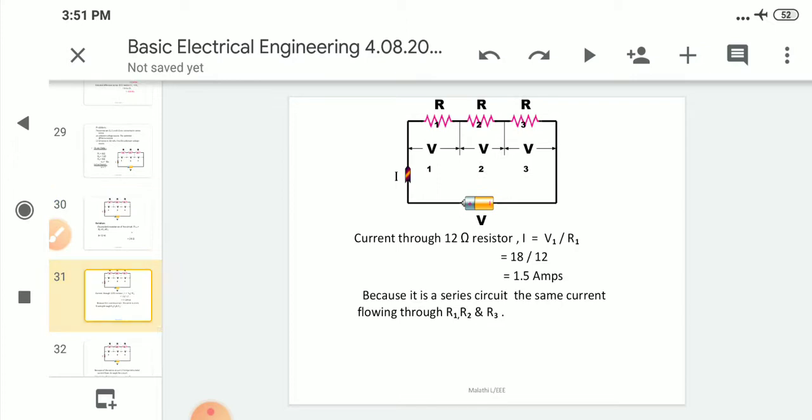Next, the current through the 12 ohm resistor, according to Ohm's law, I is equal to V2 by R2. 18 by 12 is equal to 1.5 amperes.